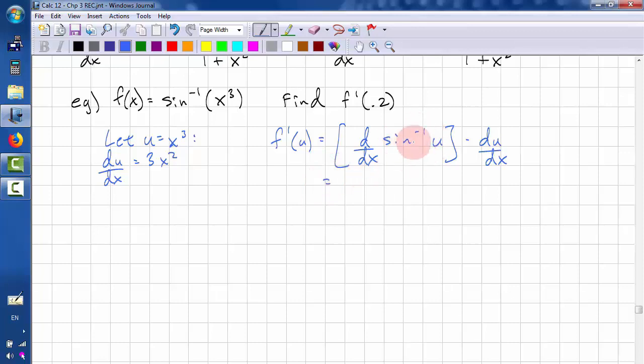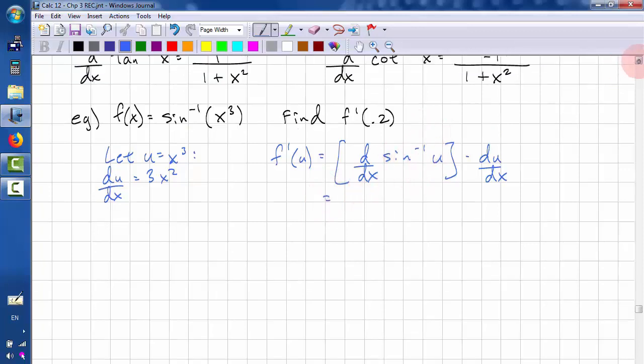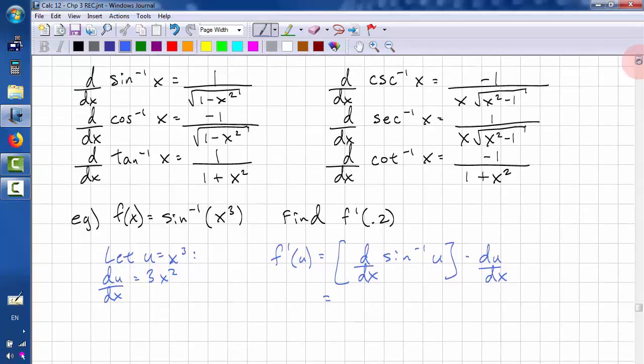So we use the rule for inverse sine, which we have up here, 1 over the square root of 1 minus u squared. And u equals x cubed, so we have x to the power of 6.